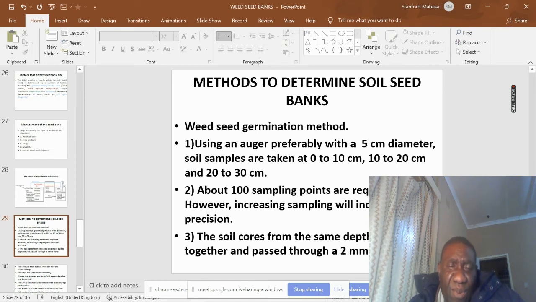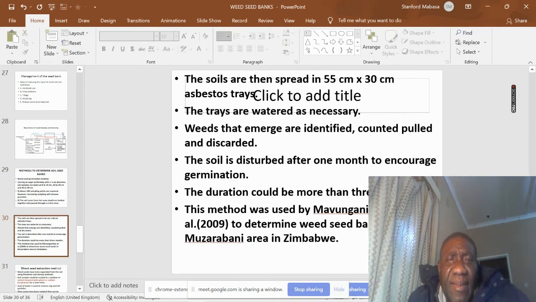Now, the soil cores from the same depth are bulked together and passed through a 2 millimeter sieve. These soils are then spread in 55 centimeter times 30 centimeter asbestos trays.